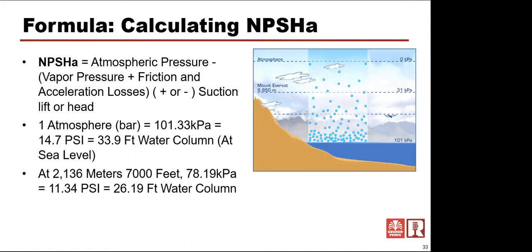If you're selling somebody a pump in Mexico City or Puebla, which is probably pretty close to 7,000 feet, or if they're in Denver, Colorado at 5,000 feet above sea level, we have to know that the starting formula for NPSH, the atmosphere pushing down on that water, is greatly reduced. We only have about 26.2 feet of water column equivalent of atmospheric pressure that we're starting from. And all the other things we talked about are generally losses in this NPSH calculation.